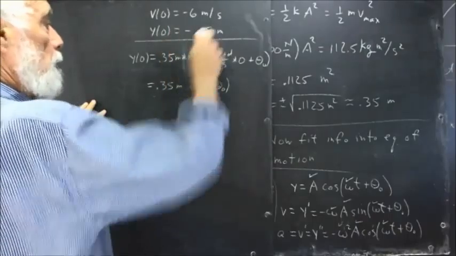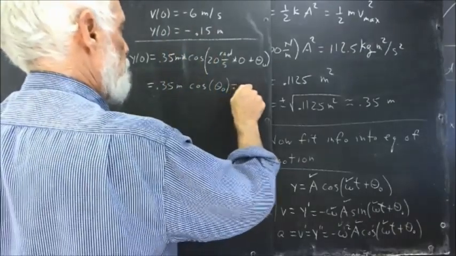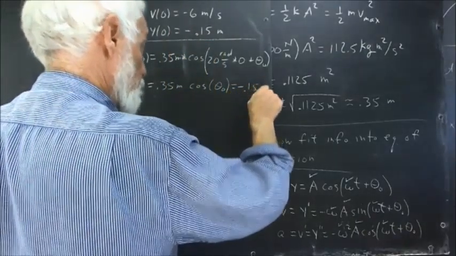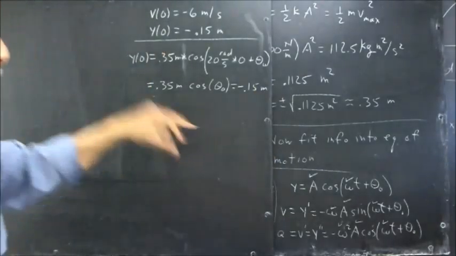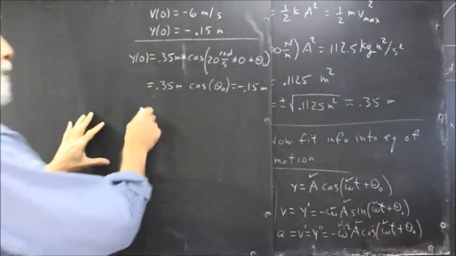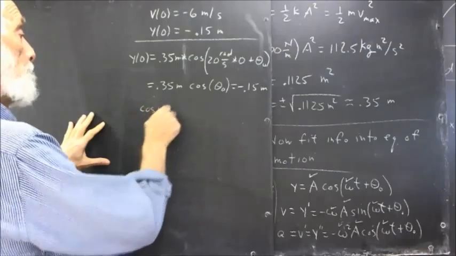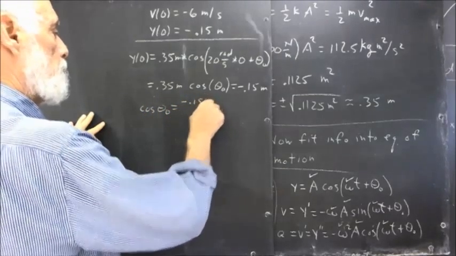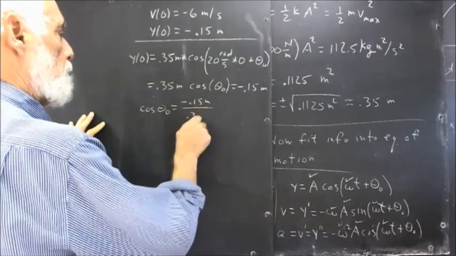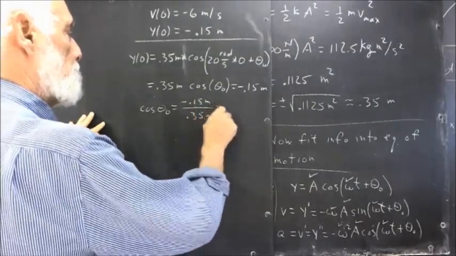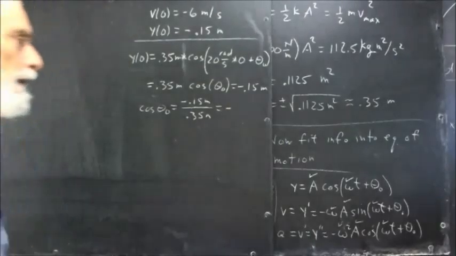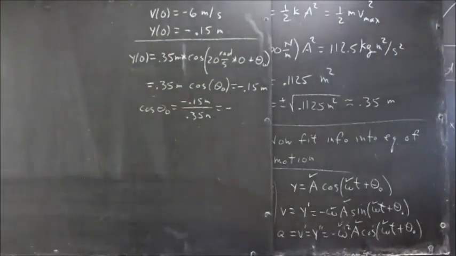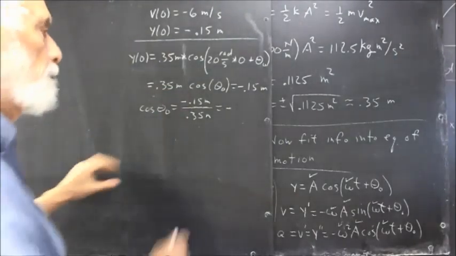and that's negative 0.15 meters. Well, that tells us then that the cosine of theta naught is negative 0.15 meters over 0.35 meters. That's going to be negative. Now let's see, that's 3/7 and 0.43 approximately.